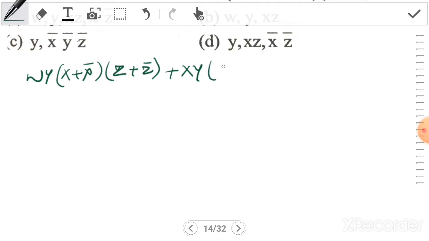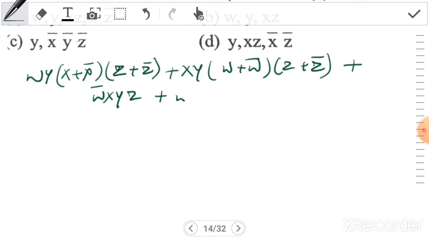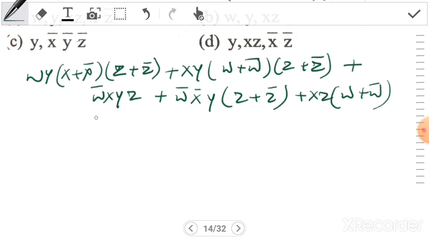Similarly xy, w plus w complement, z plus z complement, plus w complement x y z plus w complement x complement y z plus z complement, plus xz, w plus w complement and y plus y complement, plus x complement y complement z complement, w plus w complement.